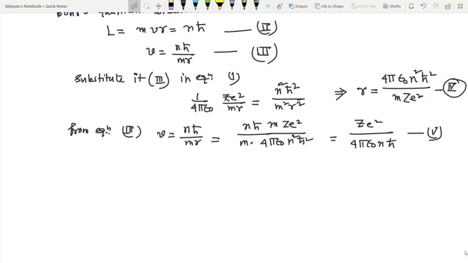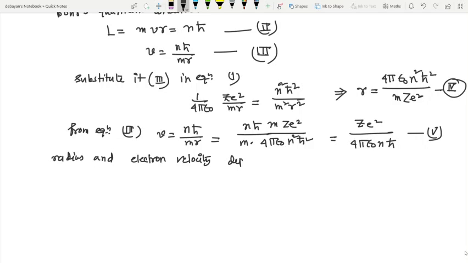The orbit with n equals 1 has the smallest radius.